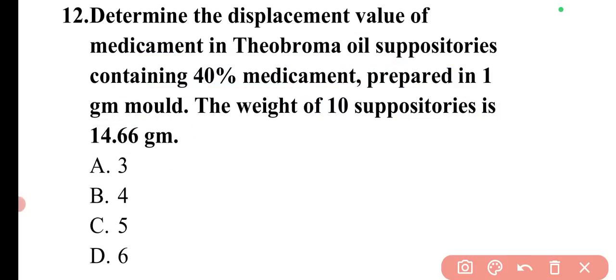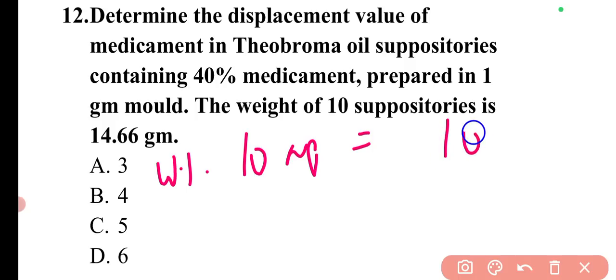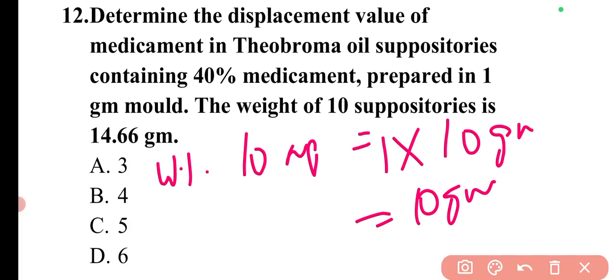So simply we will find the weight of 10 suppositories. The weight of 10 suppositories containing theobroma oil alone, prepared in 1 gram capacity, is 1 into 10, so 10 grams.